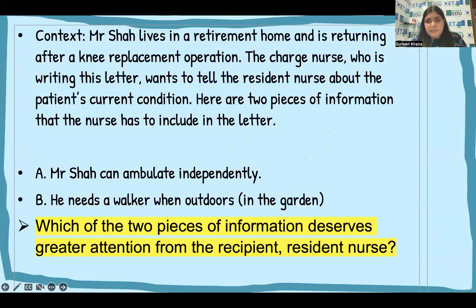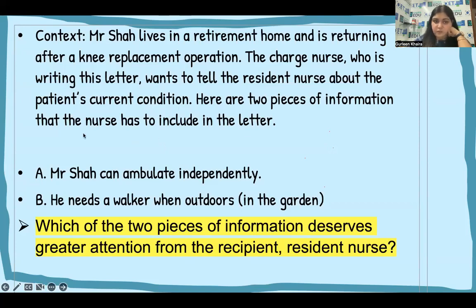Now let's see an activity for this. The context is Mr. Shah lives in a retirement home and is returning after a knee replacement operation. The charge nurse who is writing this letter wants to tell the resident nurse about the patient's current condition.